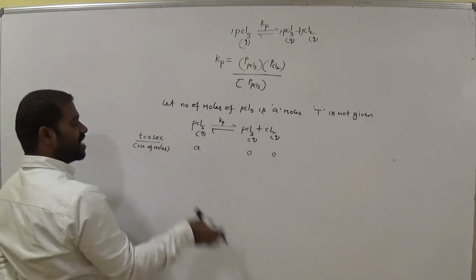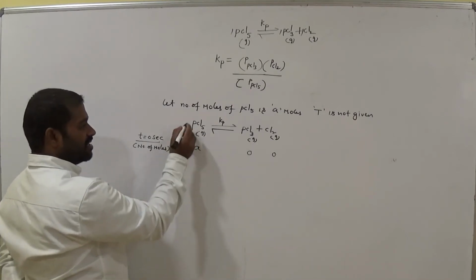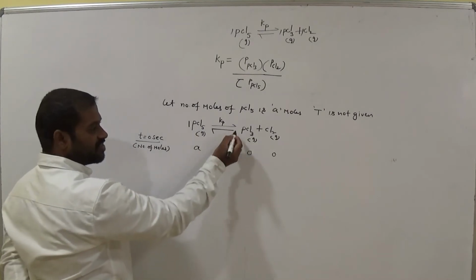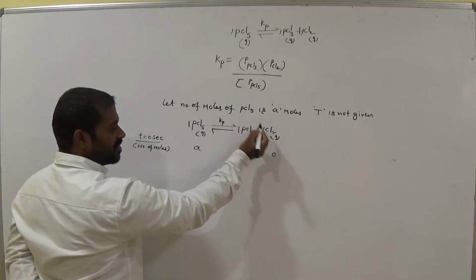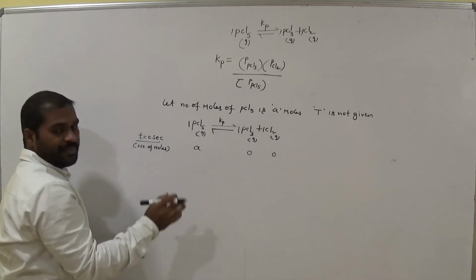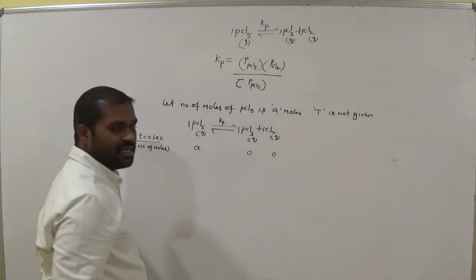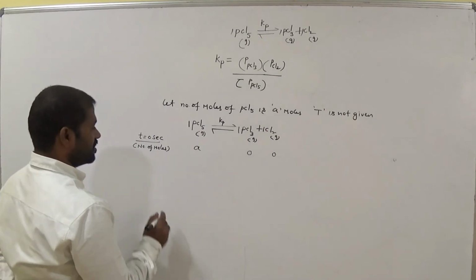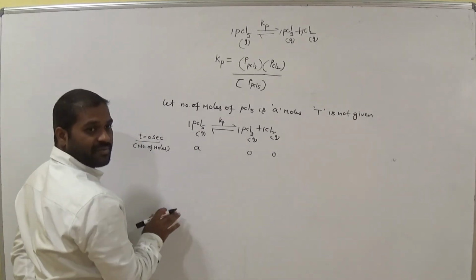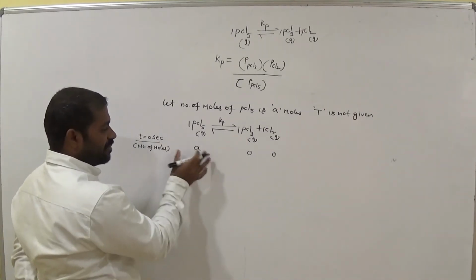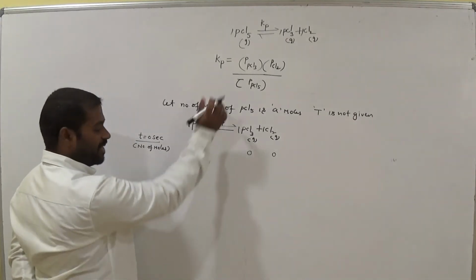Now X moles decrease from A. 1 mole of PCl5 gives 1 mole of PCl3 and 1 mole of Cl2. Suppose 1 mole of PCl5 undergoes decomposition, it gives 1 mole of PCl3, 1 mole of Cl2. So X moles decrease from this A moles, then the remaining moles at equilibrium.